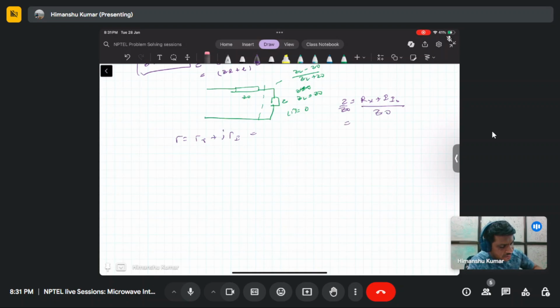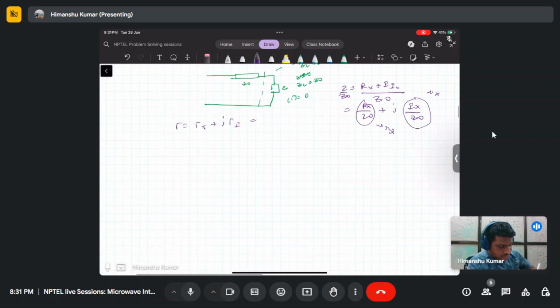This will be equal to Rx by Z naught plus j times Ix by Z naught, and this quantity I am calling small r times x, and this I am calling small x. Now, the reflection coefficient at the load side you can write as ZL minus Z naught divided by ZL plus Z naught.